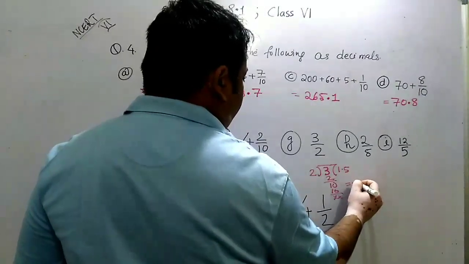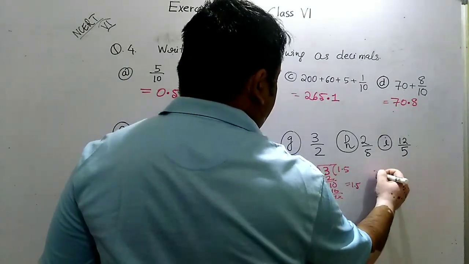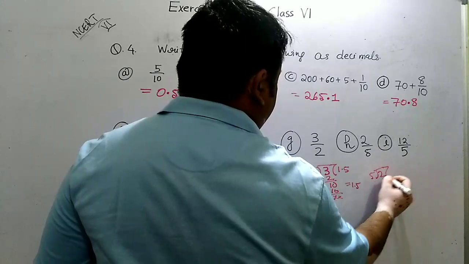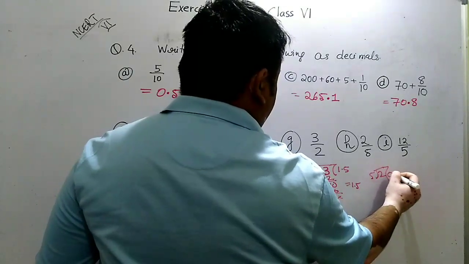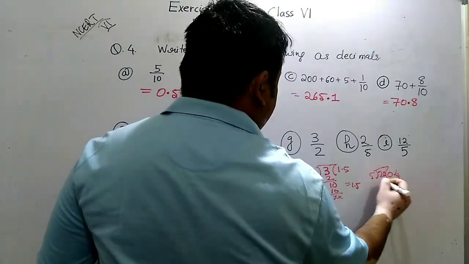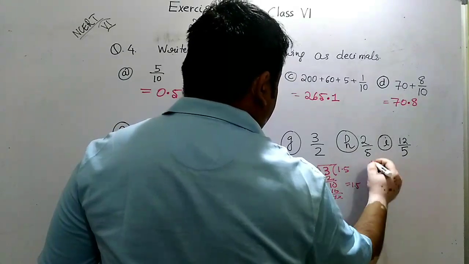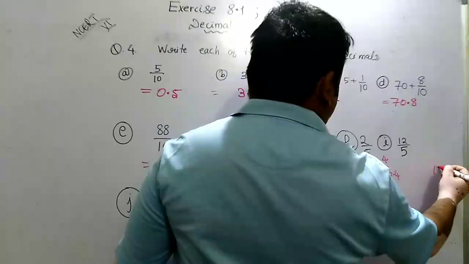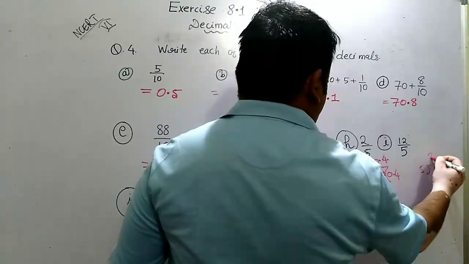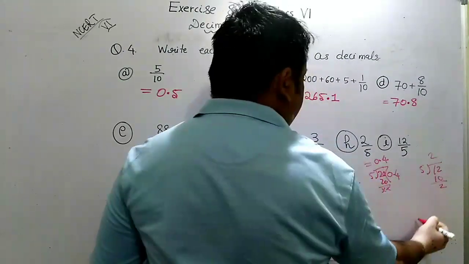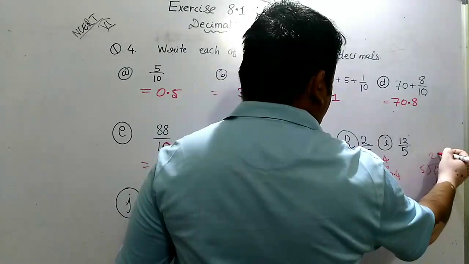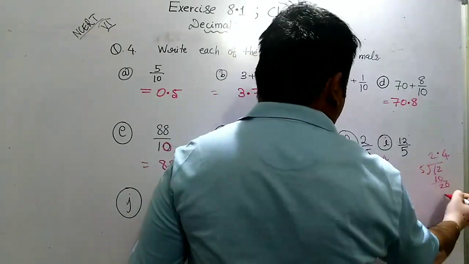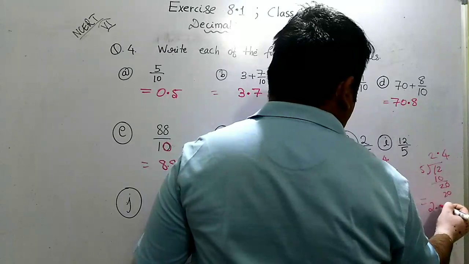So it will be equal to 1.5. In this case, keep 2 here, 5 here, then give 1.10, 4 times 20. So it will be equal to 0.4. In this case, 12 here and 5 here, 5 2s are 10, 2, give 1.0, 4 times 20 will be equal to 2.4.